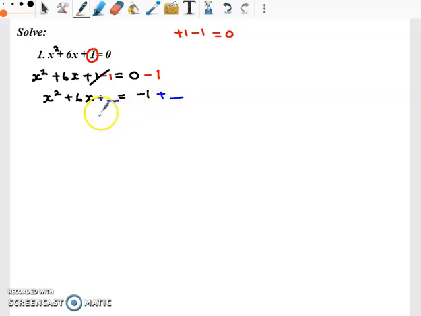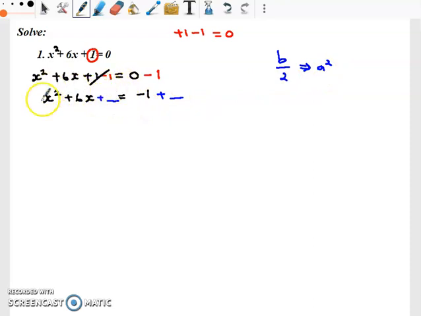How do we find that number? You take b, divide b by 2, and whatever you get, you square it. That's what we're going to put right here.